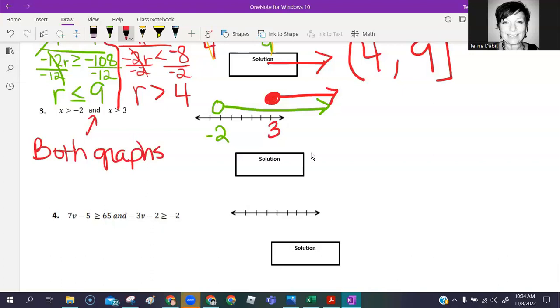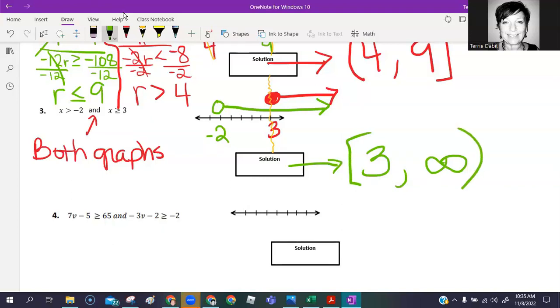Got to have both when you're doing and. And so you'll notice that the only place we start seeing and is from +3 up. So this solution would start at 3 and end at +infinity. It includes the 3, so I'll put a bracket, and then it goes straight to infinity. Infinities always have parentheses.